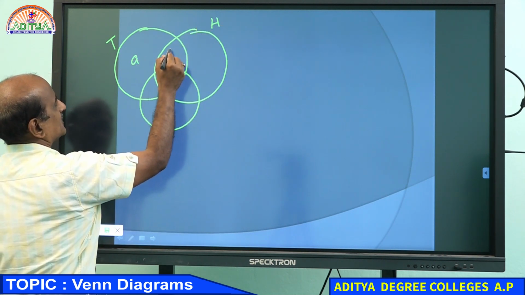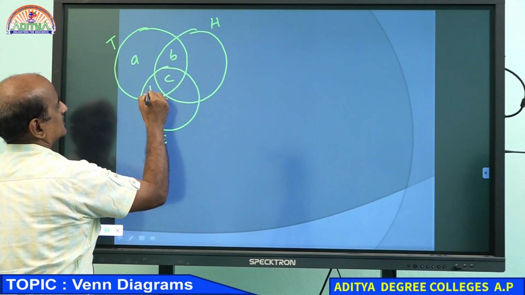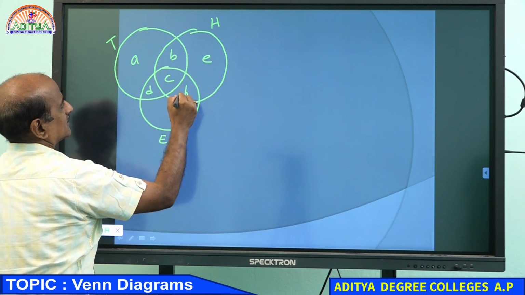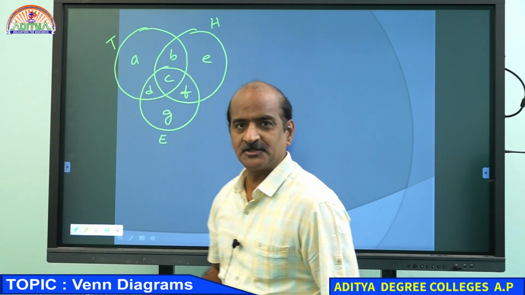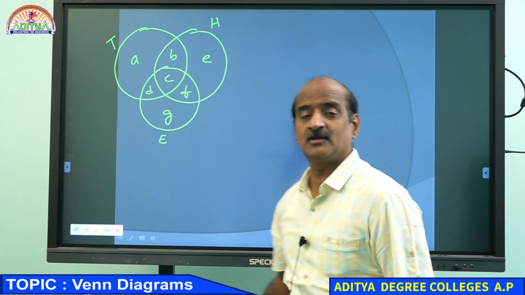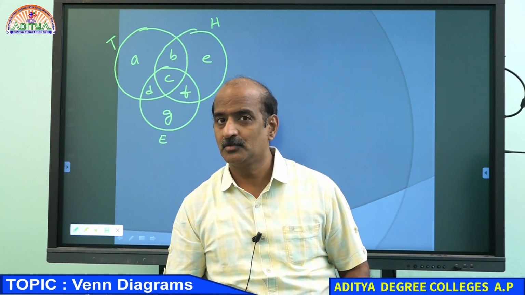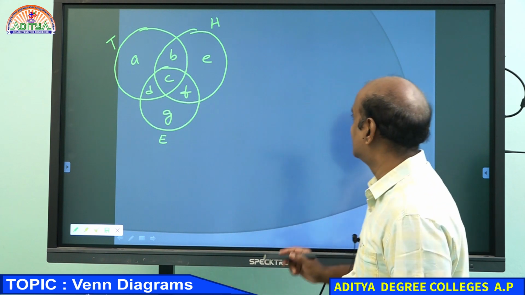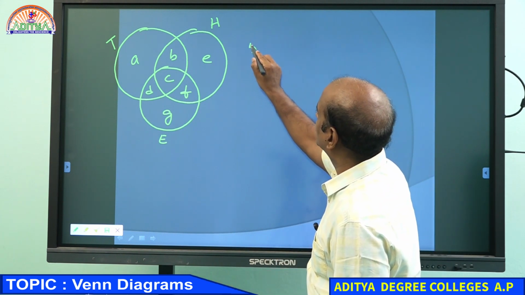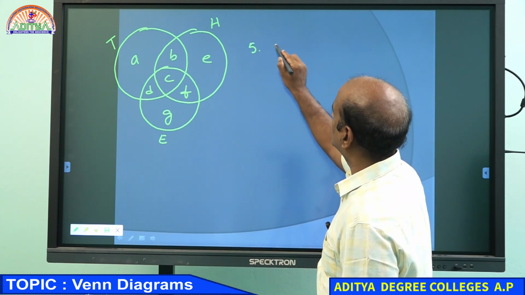This is A, B, C, D, E, F and G. Students, I want to put some questions to you. Please answer my questions, but when you are answering, do give the number. If you don't give the number, it is difficult for me to understand. Here we go. Question number 5: how many people like Telugu?